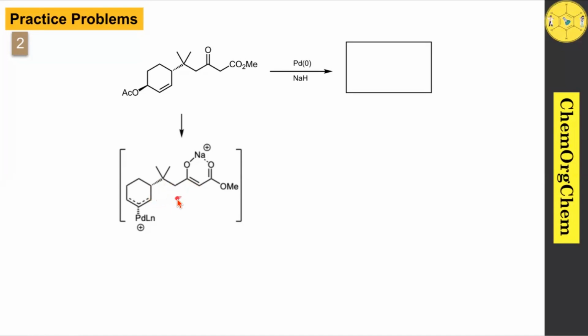Perhaps if the attack takes place at this carbon, now you can count 1, 2, 3, 4, 5, 6, 7, 8, an 8-membered ring system. When compared to the 8-membered ring system, the 6-membered ring system is more favorable. Therefore this attack is predominant to produce the corresponding product.